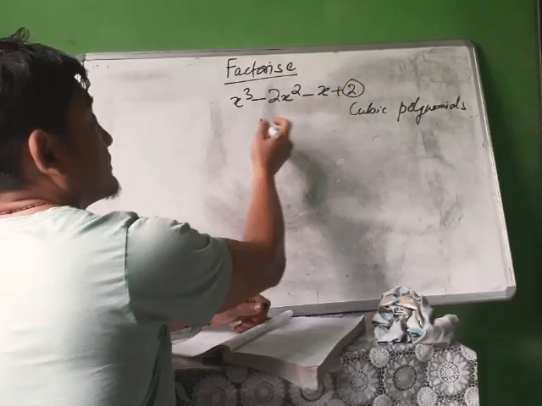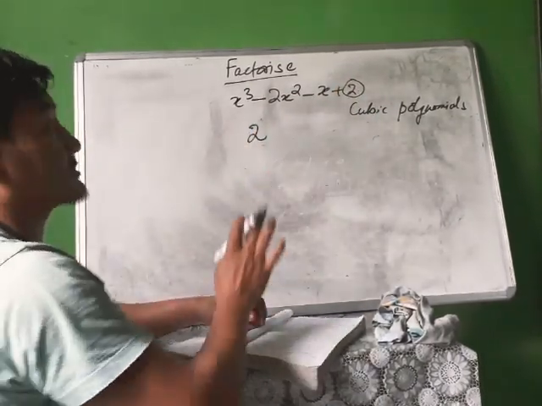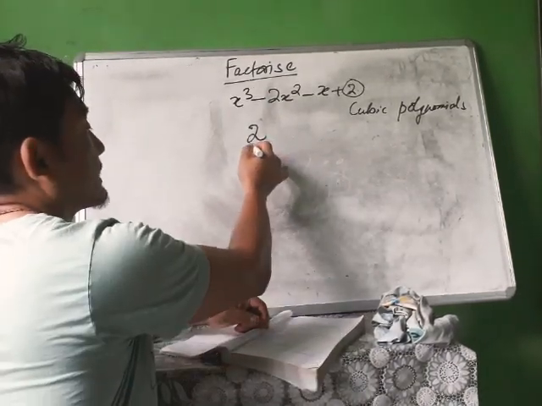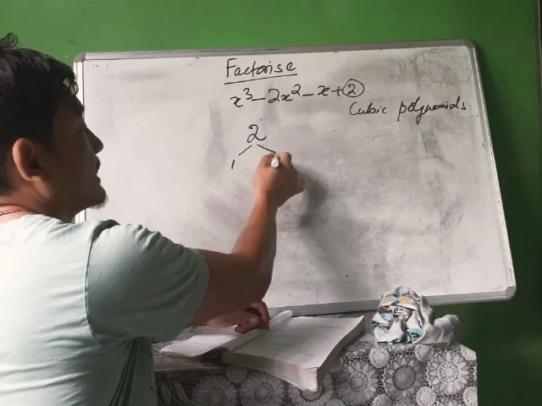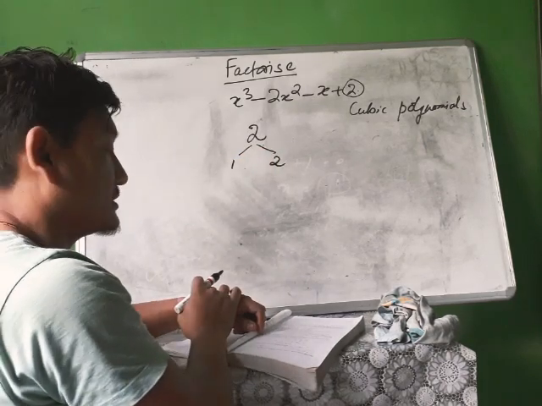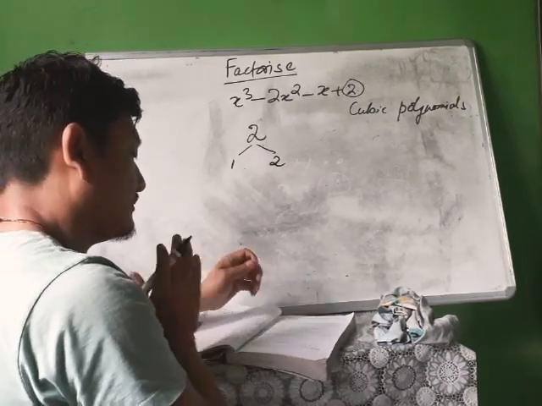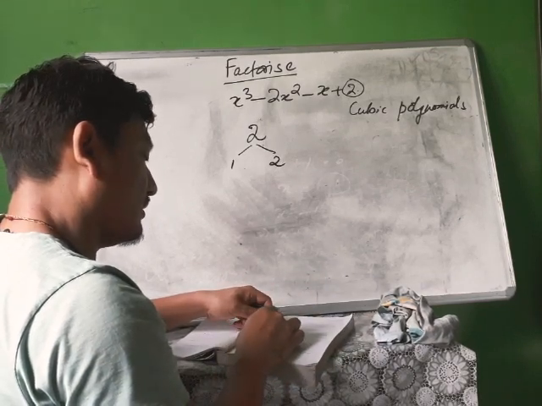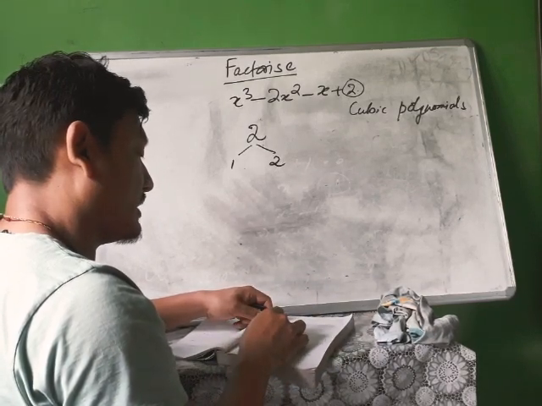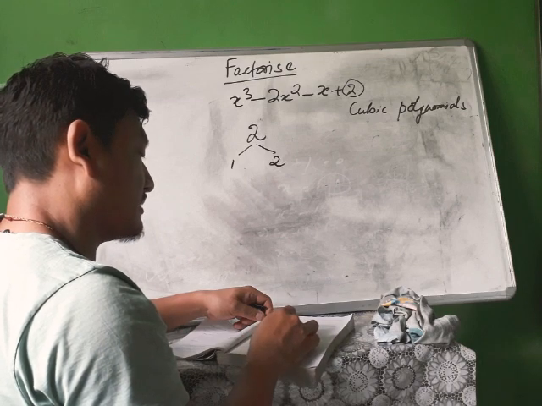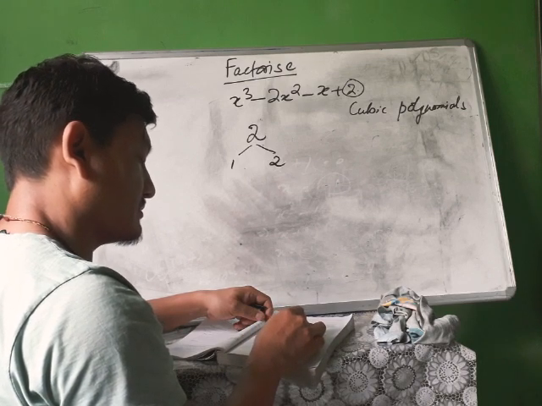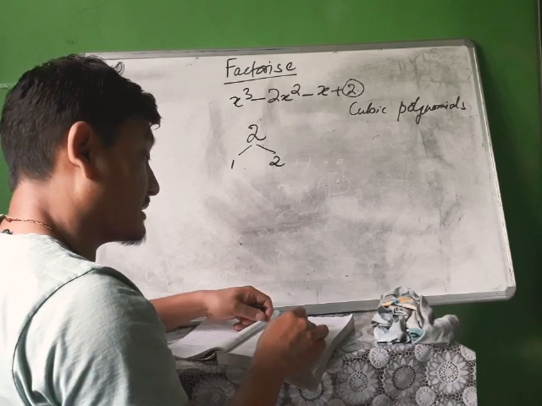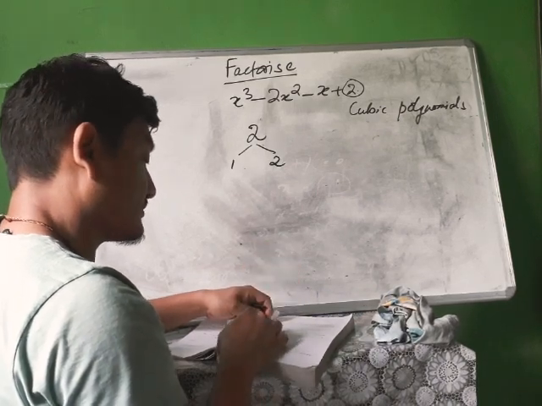So what is the constant term here? It is 2. So what are the factors of 2? The factors of 2 are 1 and 2, right? Here it is given, we shall now look for all the factors of minus 120. Some of these are plus minus 1, plus minus 2, plus minus 3, plus minus 4, as you go.